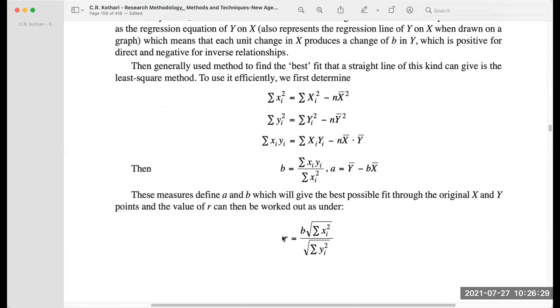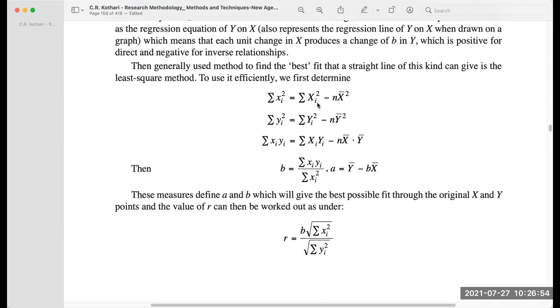And these are the correlation between X and Y, and the value of R can be worked out using this equation. Here Xi are all the X values, right? Sorry, capital Xi, okay?